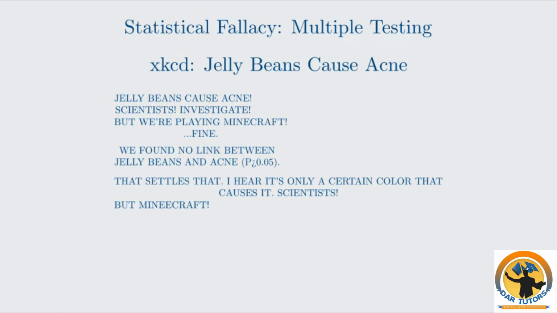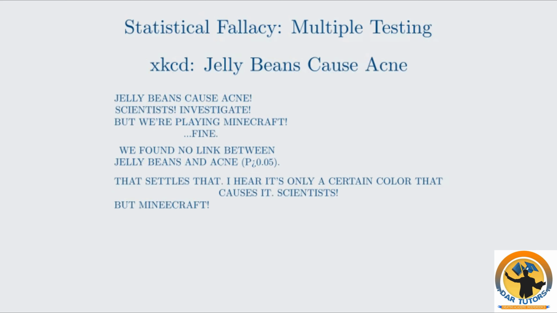The scientist, perhaps unethically, decides to perform not just one, but 20 separate independent z-tests. One for each color of jelly bean. Let's think about this. Each of these 20 tests is run at a 5% significance level. This means that for each individual test, there is a 5% chance of finding a significant result and rejecting the null hypothesis, even if it is true.